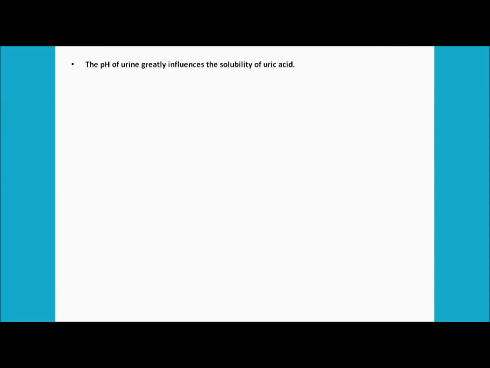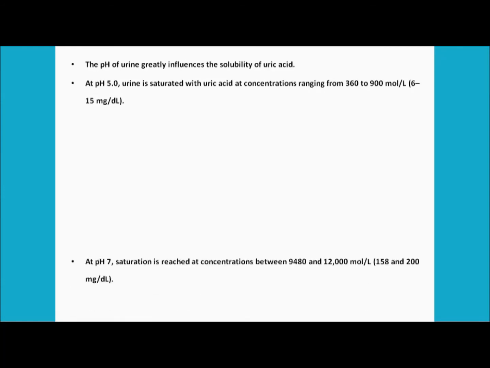The next thing you should know is that the pH of the urine greatly influences the solubility of the uric acid, right? Now at the pH of 5, the urine is saturated with the uric acid at a concentration ranging from 360 to 900 micromole per liter, that is equivalent to 6 to 15 mg per deciliter, right?